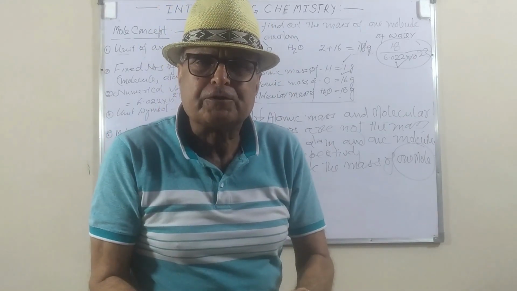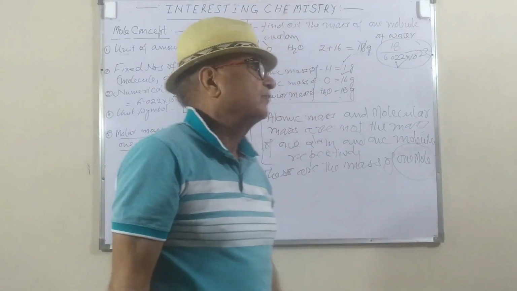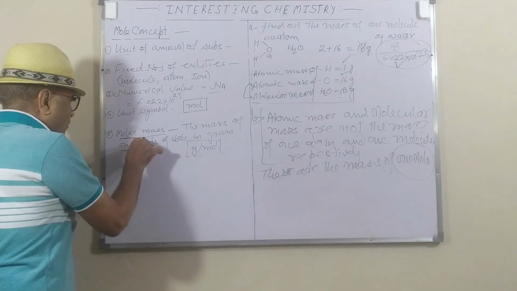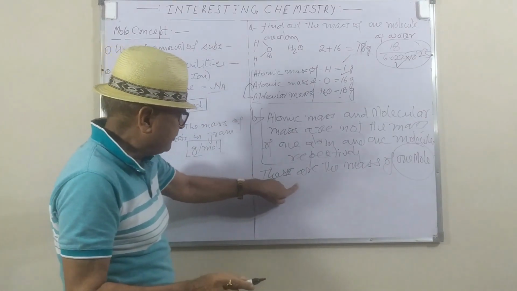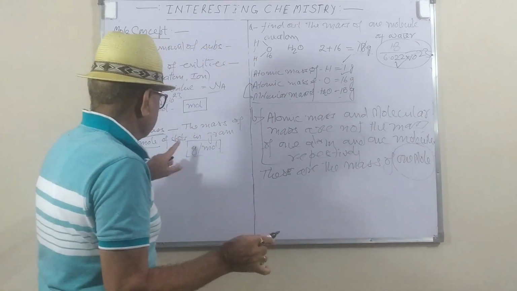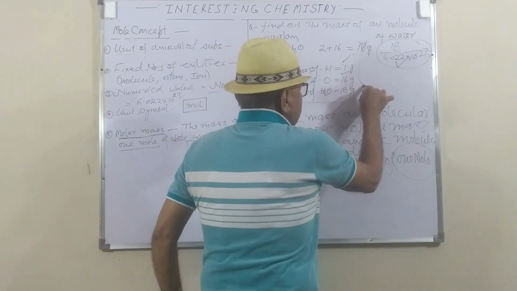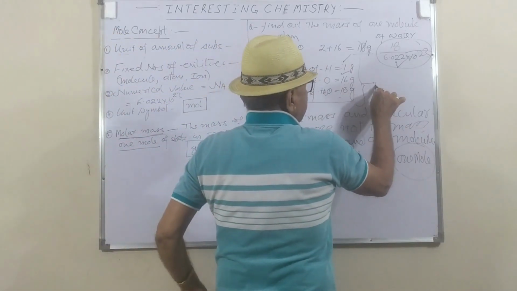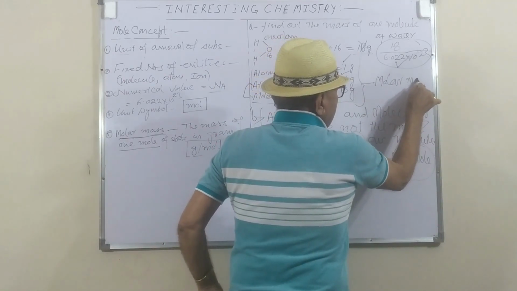So for your convenience, I am giving a new term, that is molar mass: the mass of 1 mole of a substance or compound is called molar mass.